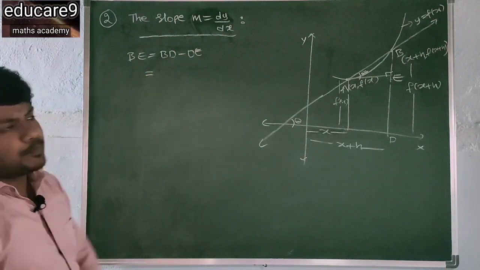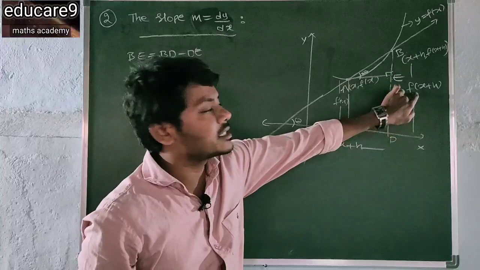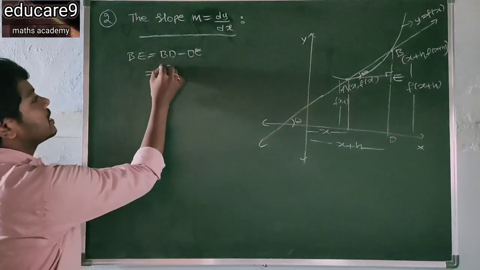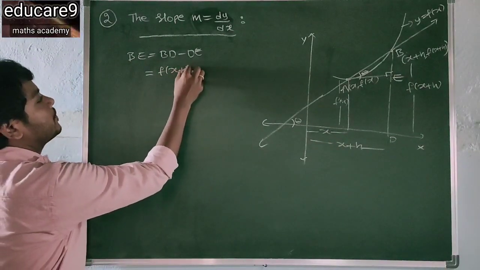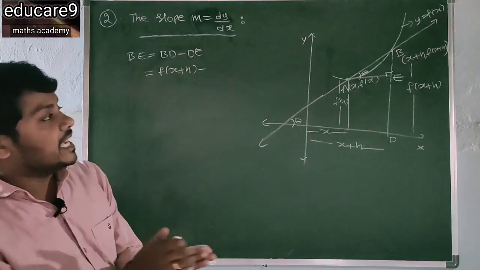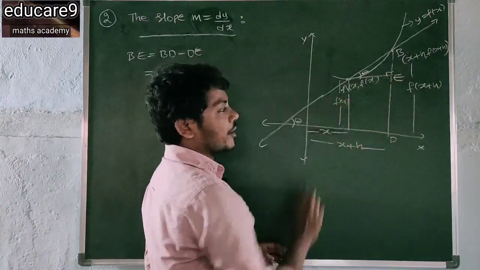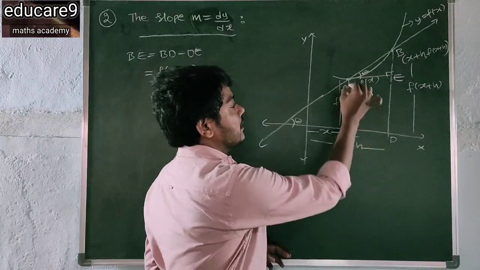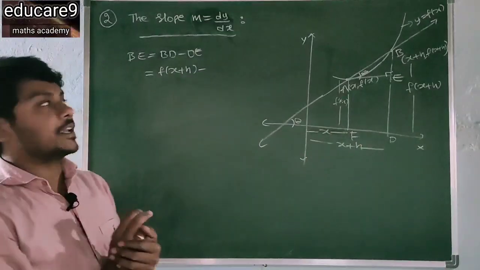Okay. So what is the BD length? That is the vertical distance f of x plus h. And what is DE? DE is also equal to AF, that is f of x.